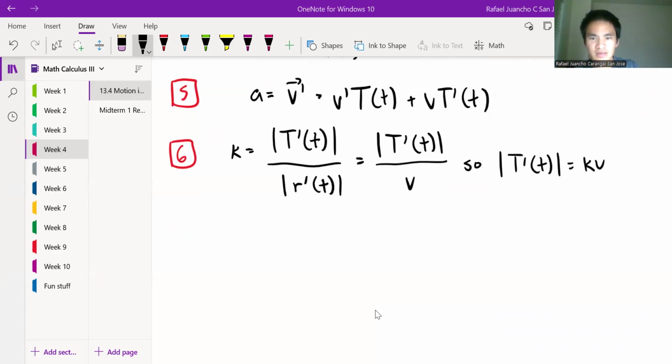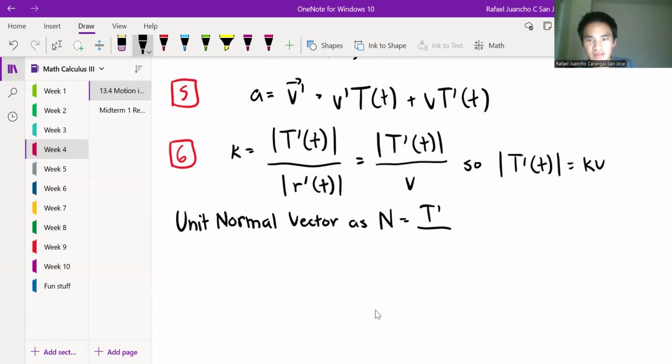And so we also had a unit normal vector that was defined as capital N, which was equal to T prime, the derivative of our unit tangent vector, divided by its magnitude.